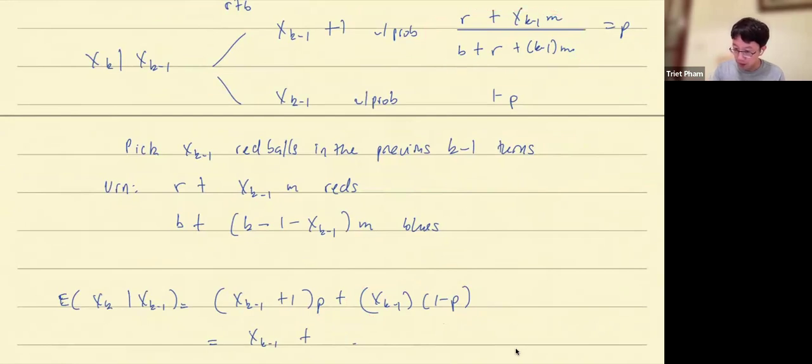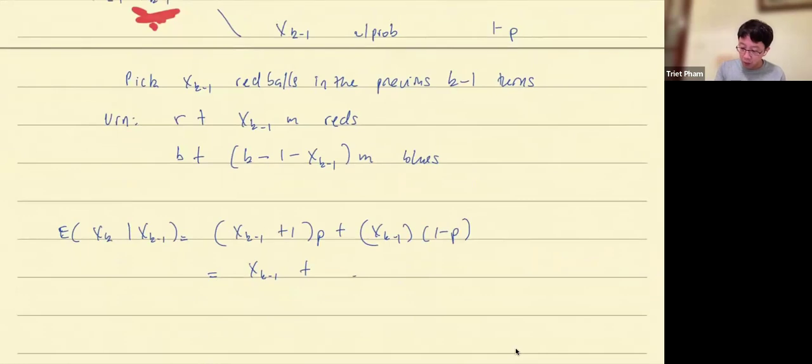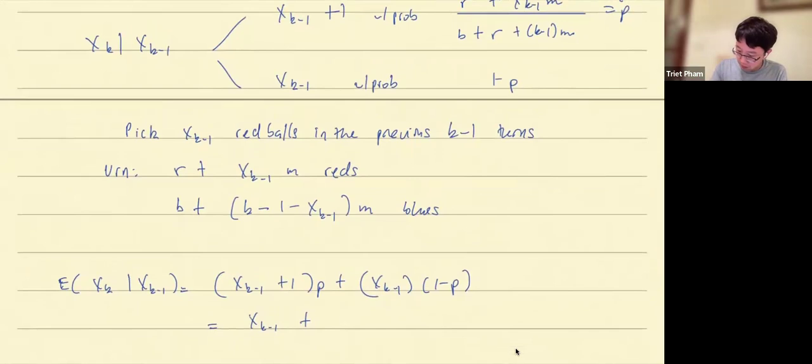So let's write that down now. Because p is not a constant, p here depends on xk minus 1, which is okay when we condition on xk minus 1. But it's not going to be okay when we take the outer expectation, because then you have to take expectation of this. Let's write m here.